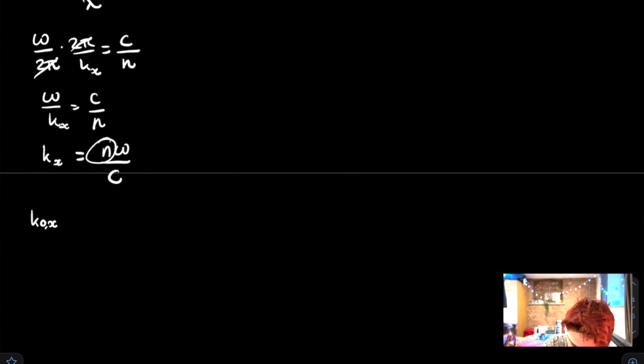So if our refractive index is 1, then that's just going to be equal to omega divided by c right here. And so what we can now say is that kx, which is our x component of the wave vector within any material, is equal to k naught in the x direction multiplied by the refractive index right here.